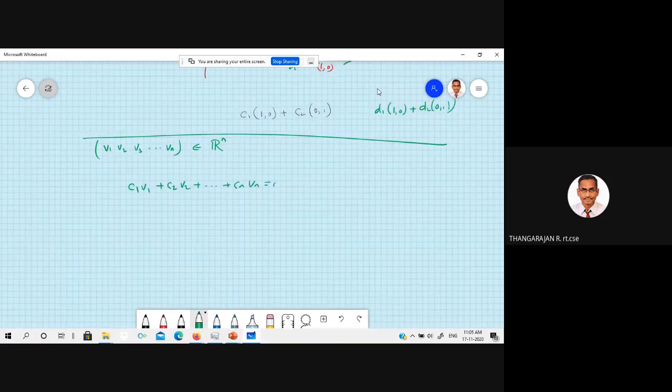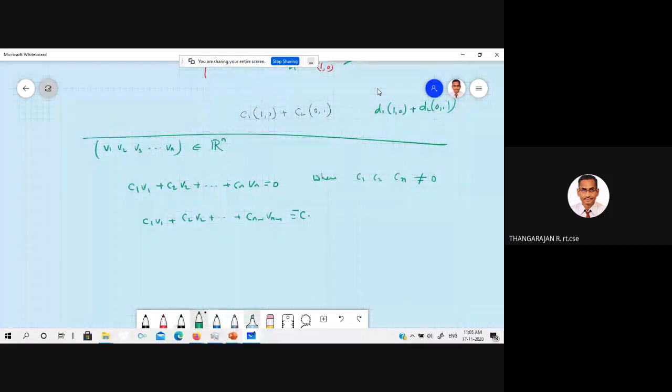If it is equal to 0, where c1, c2, cn are not 0, then I can take the cn term to the other side. So c1 v1 plus c2 v2 plus up to c(n-1) v(n-1) equals minus cn vn, because when I take it to the other side it becomes minus.